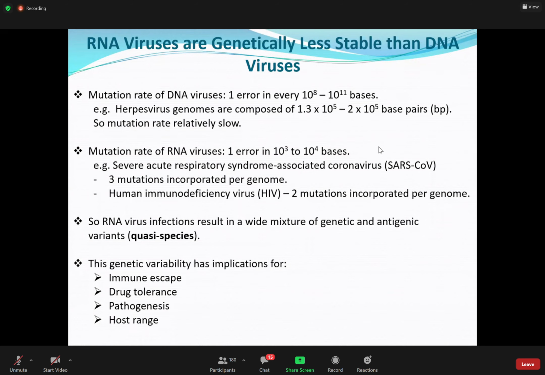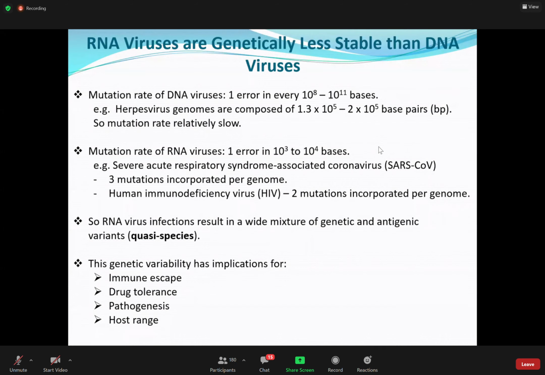This can have implications in terms of the immune response. This is one reason why we haven't been able to develop a good or efficient vaccine against HIV, the virus that causes AIDS.